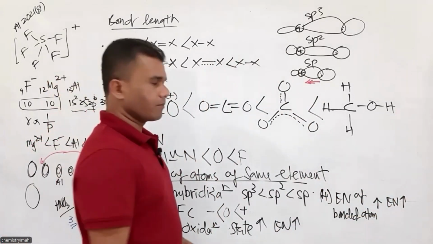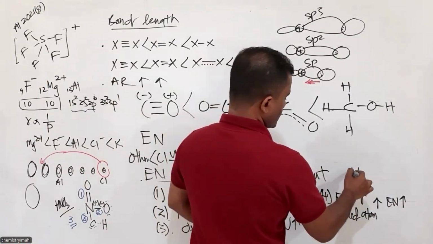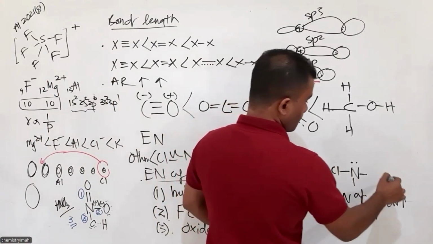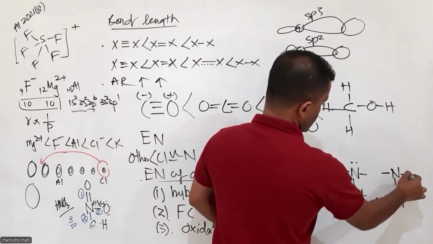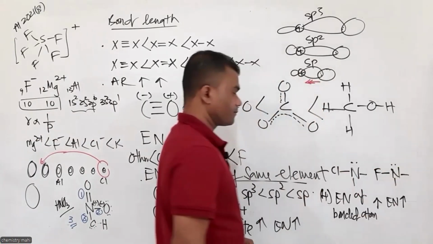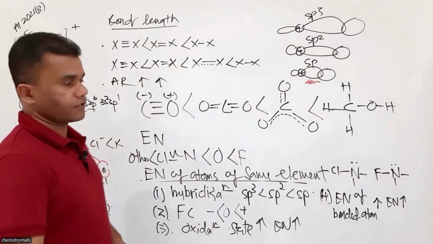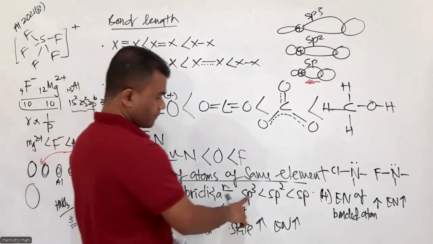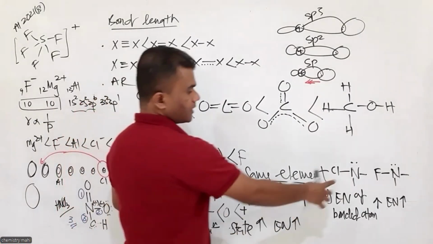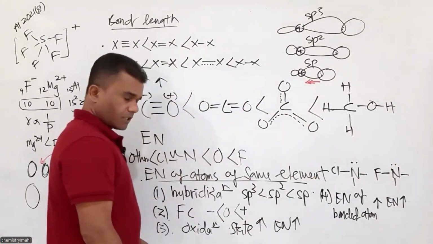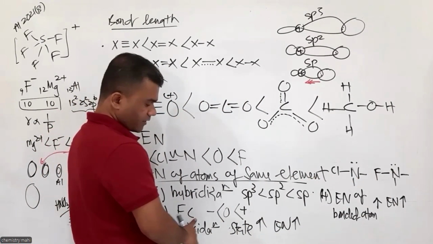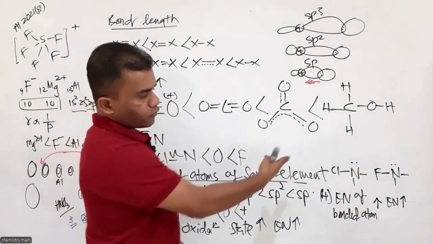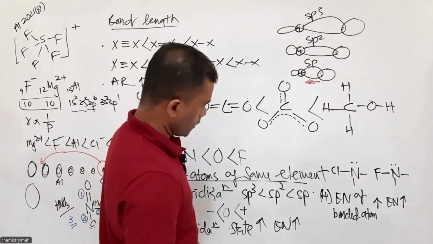I take one simple example: let's say you are comparing the nitrogen in NCl and the nitrogen in NF, the electronegativities of these 2 nitrogens. See the hybridization, first factor: same, sp3, sp3. See the formal charges: same, neutral, neutral, no charge. Oxidation state also same here. I'll show you how to calculate later.